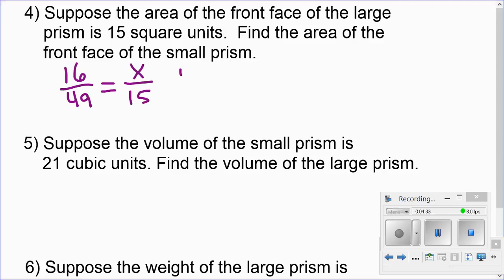So I'm going to do 49x is equal to 16 times 15, which is 240, dividing both sides by 49.